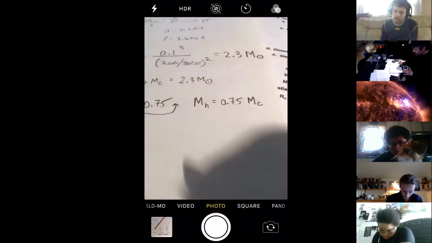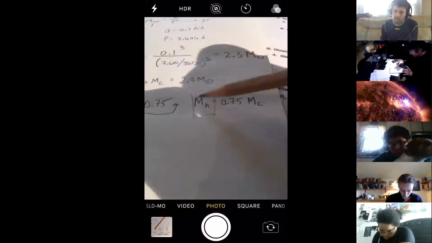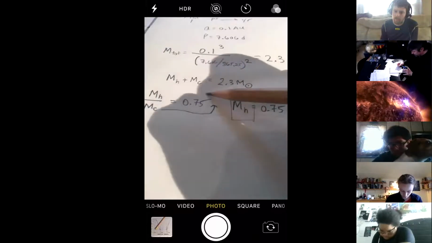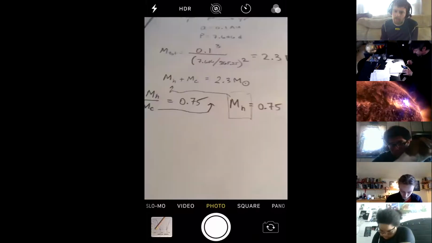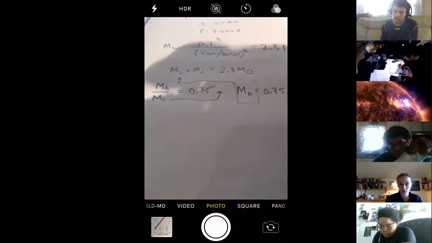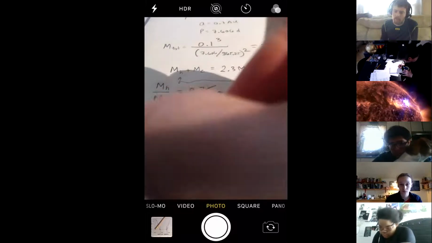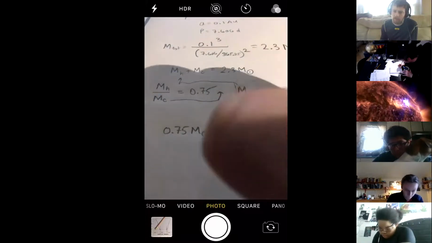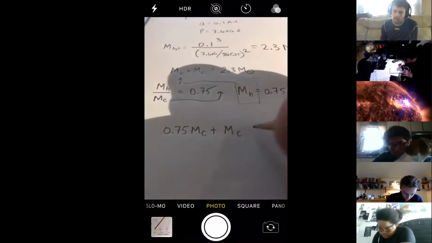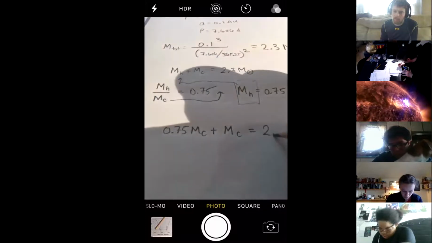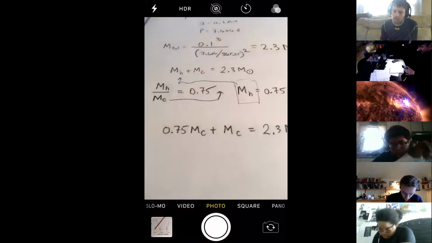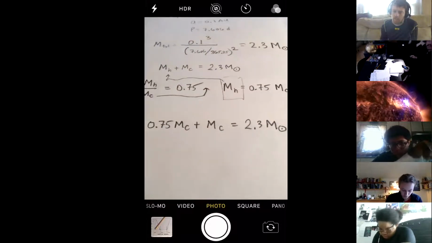And now I can take this MH and plug it in over here to get this formula. 75% of the cold mass plus the cold mass equals 2.3 solar mass units. Here's the moment of truth, class. What should I do next to deal with this? What's my next step?